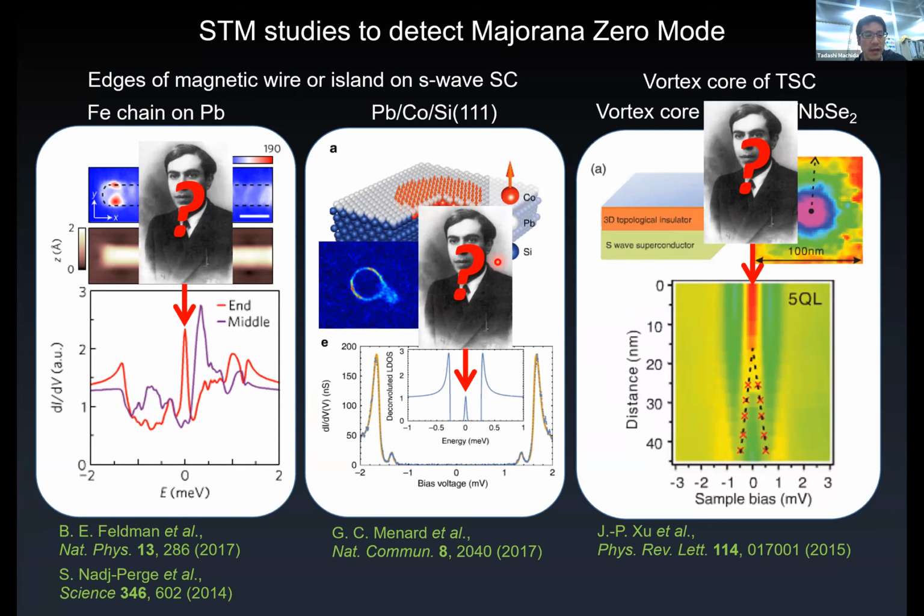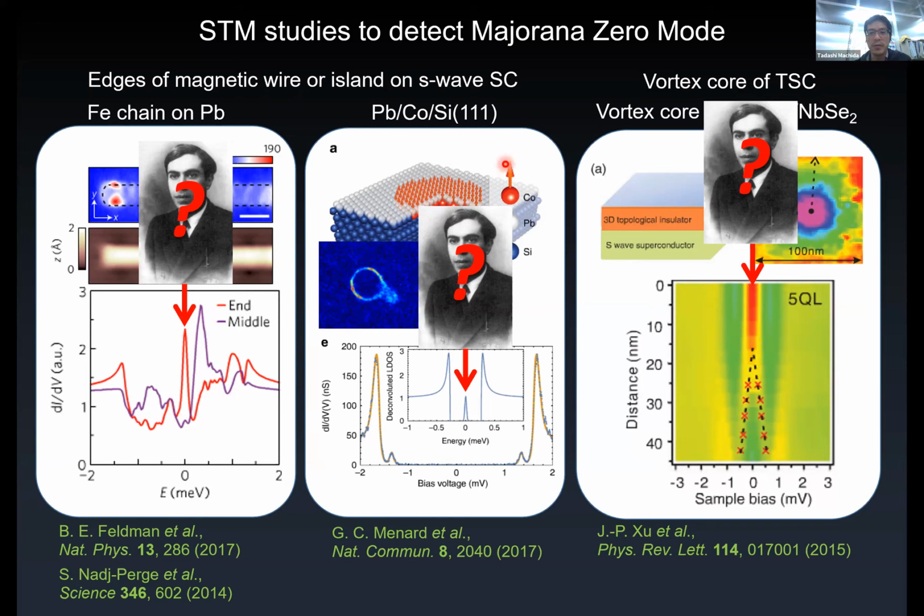That is because conventional bound states can appear around zero energy. Therefore, we have to distinguish between the Majorana zero mode and the conventional bound states to affirm that the observed zero energy peak really originates from the Majorana zero mode.